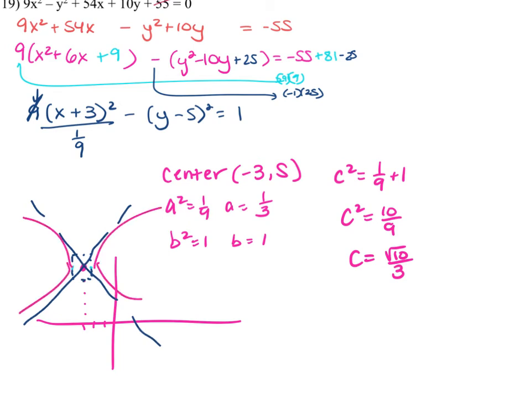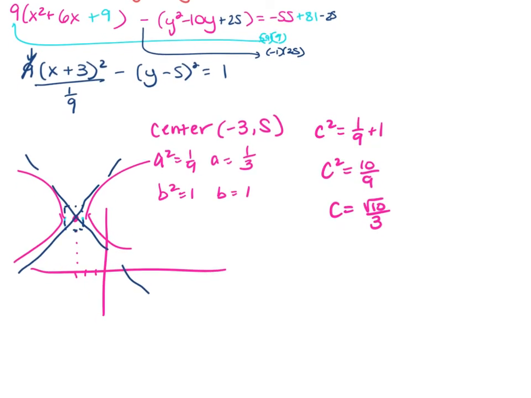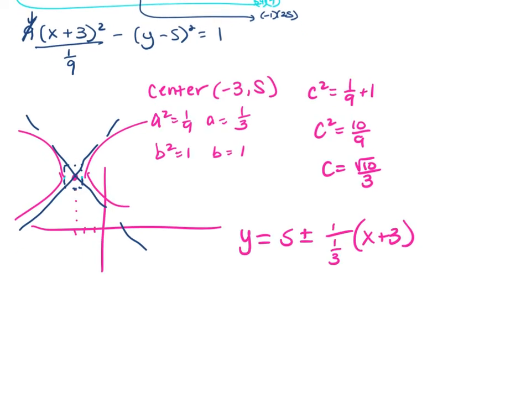For the asymptote, I got a weird number. It should have been y equals 5 plus and minus 1 over 1/3, x plus 3, and then 1 divided by 1/3. Keep change flip, and it becomes 3.